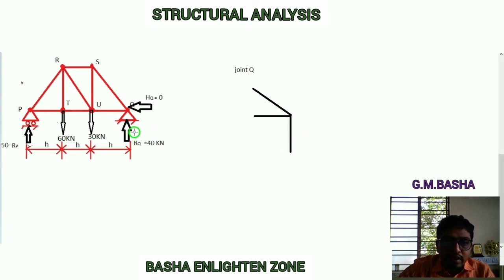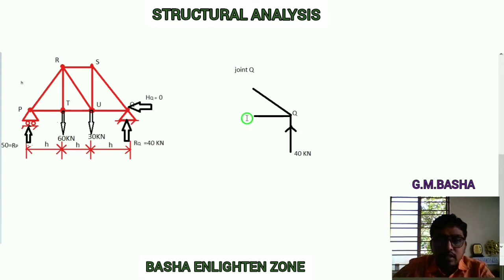So one vertical member, which is RQ, acting in the upward direction, will be 40 kilonewton, and here there will be two members which we are going to find. So the joint here will be Q, and this one will be RQ, which is acting 40 kilonewton. I am taking that one directly here.